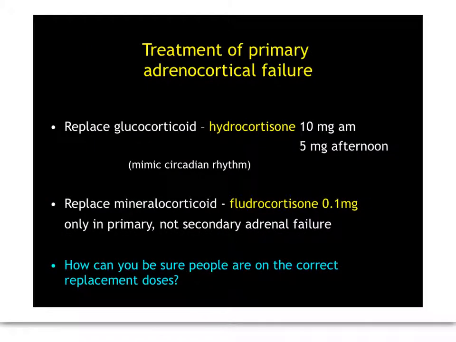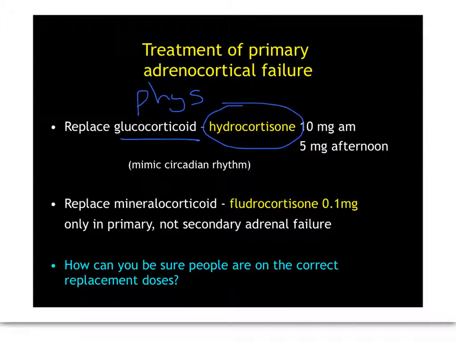So as with any type of deficiency state, the answer is to replace what the person is lacking. For some years we didn't really have a very physiological type of replacement for cortisol, and we used to use things which were a bit similar to it, with some crossover, having a component of glucocorticoid and another component of mineralocorticoid effect.